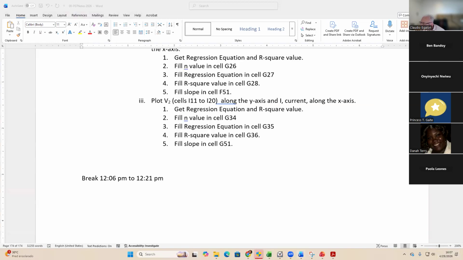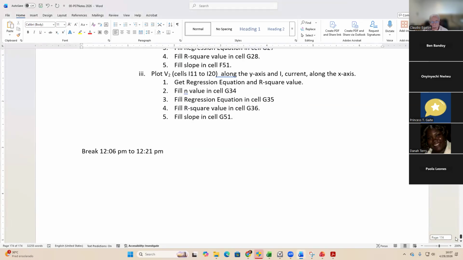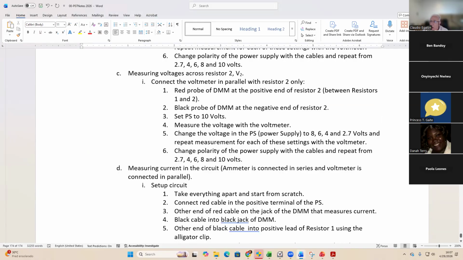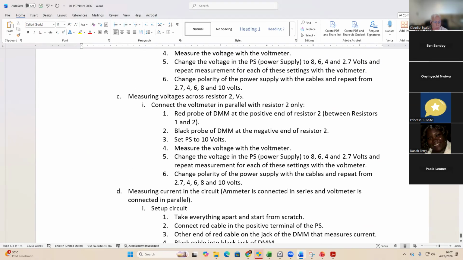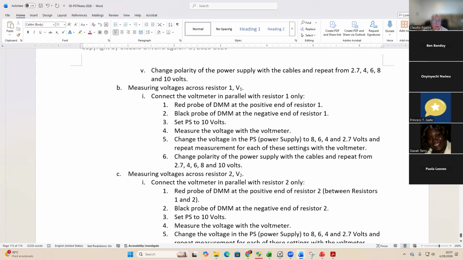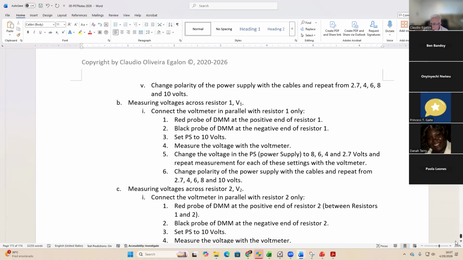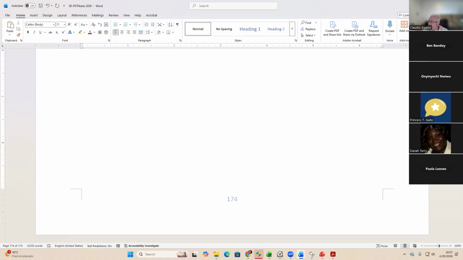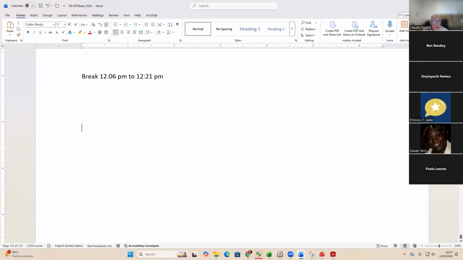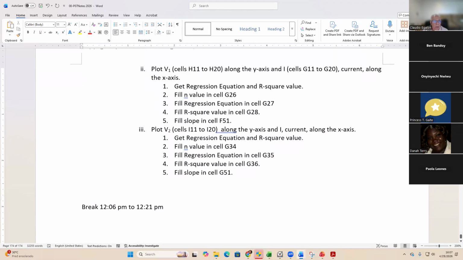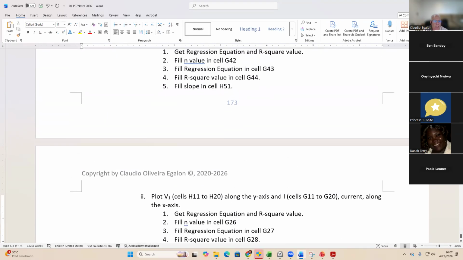Let's see, Susan, you asked me a question. The first graph. You want to see the cells? Is that what you want to see? The cells that you have to highlight? Okay. 1, 2, 3.